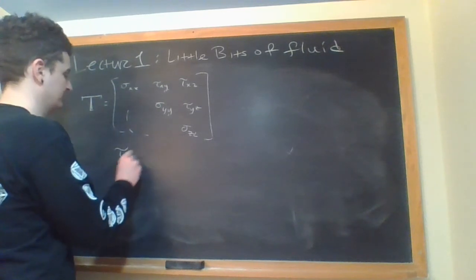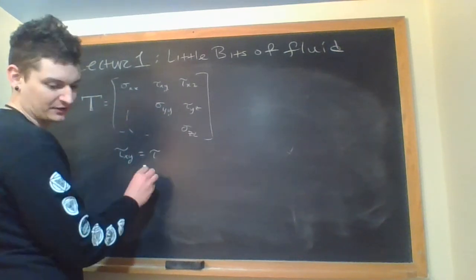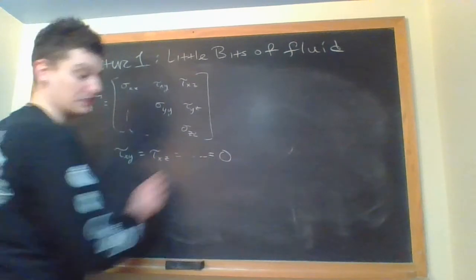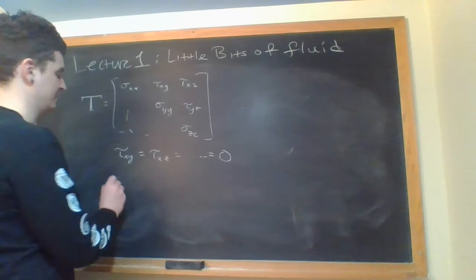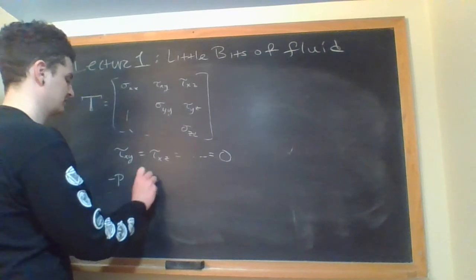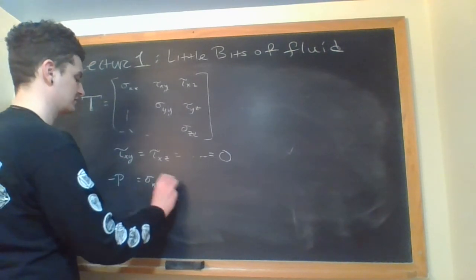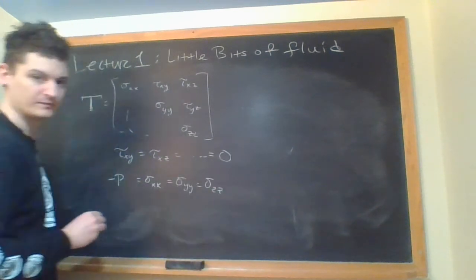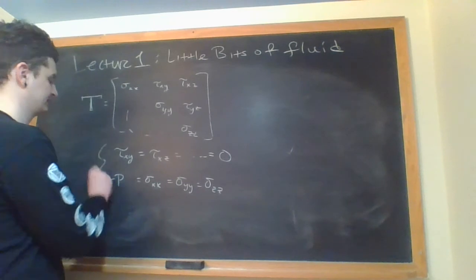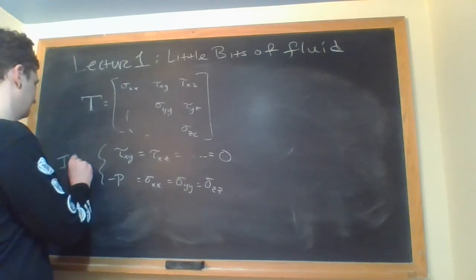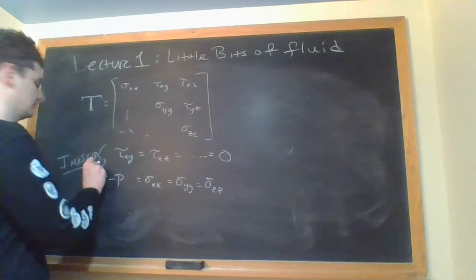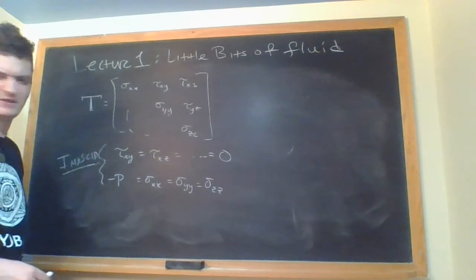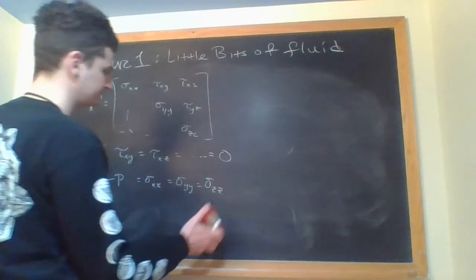So for an inviscid fluid, we just say that all of these tau terms are equal to 0. And then you say that there's just some pressure. And this is what we call inviscid. Another description I like, Richard Feynman called this dry fluid.